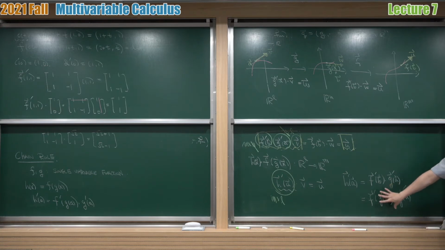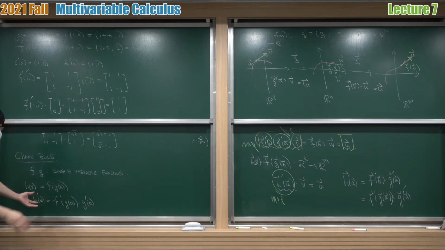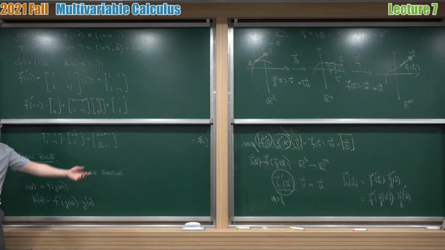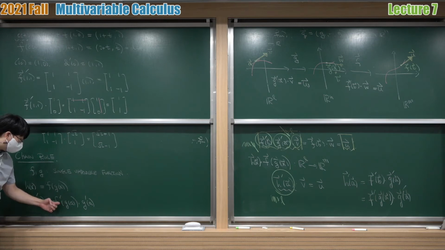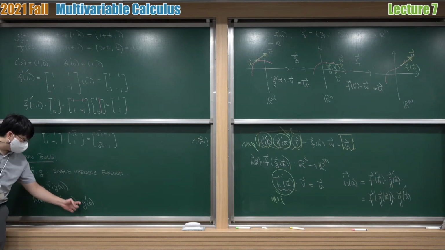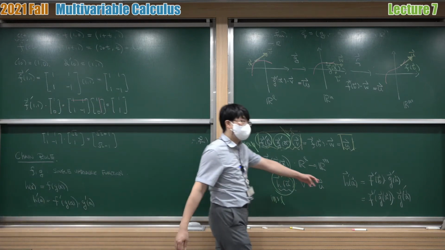So you see, let's compare the derivative of a composite function for the single variable case and the multivariable case. In the single variable case, you had the differential of the outside function times the differential of the inside function. What about the multivariable case?